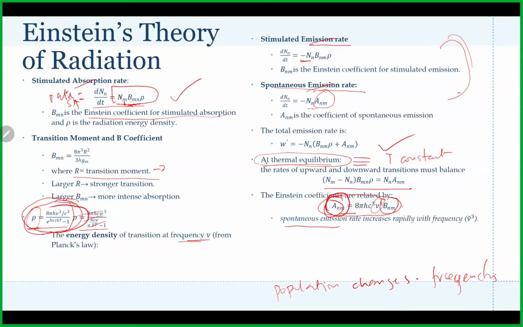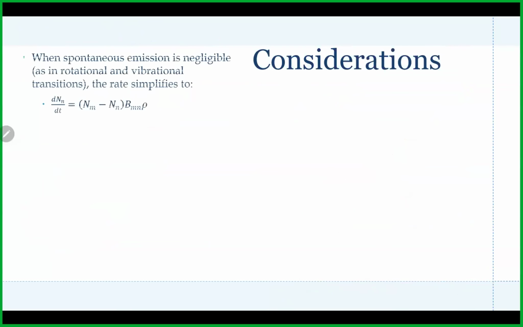So if you're doing anything with lasers, you would have to put that into consideration. Your intensities will be affected by spontaneous emission. And remember, spontaneous emission is not coherent, and you may not get to record it. Coherent in the sense that it's not in one direction, it goes in several directions.